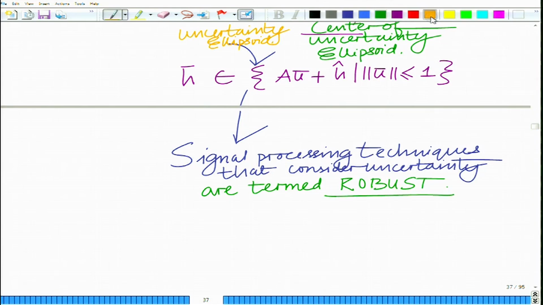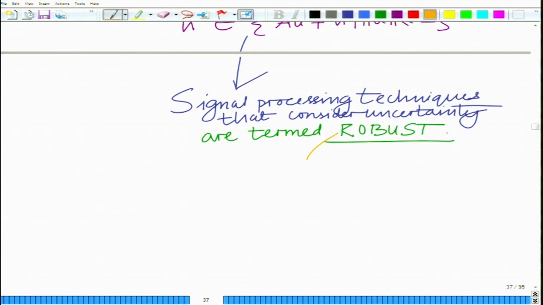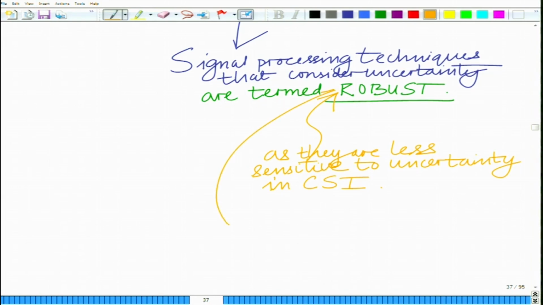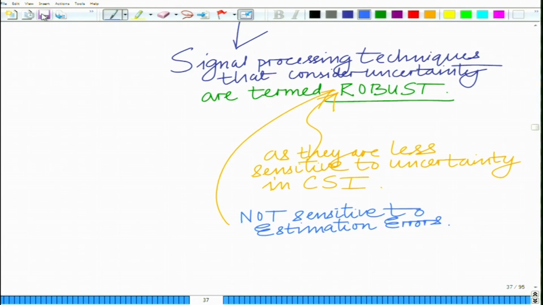These are termed as robust since they are not sensitive, or are less sensitive, to uncertainty in the channel state information, that is, they are not sensitive to estimation errors.